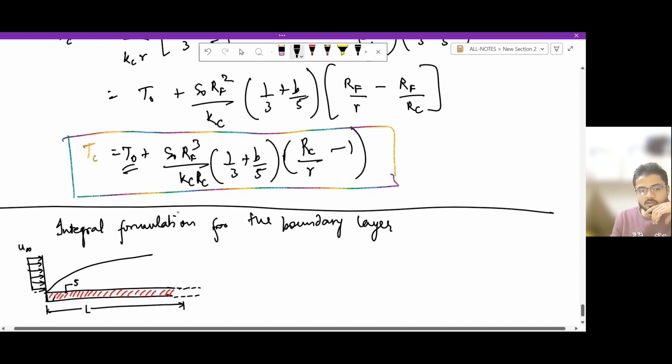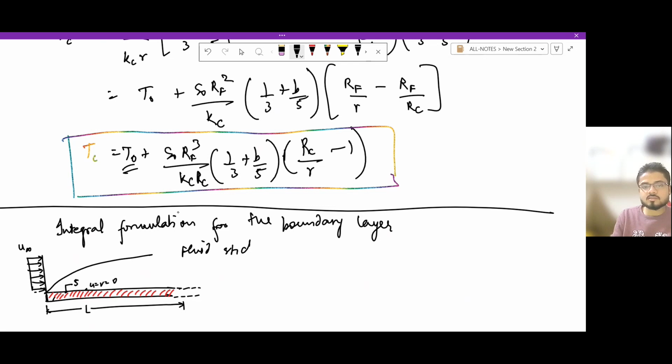So the velocity right here would be u equals v equals 0, since the fluid is entirely sticking on the surface. Let me write it as fluid sticks on the surface.